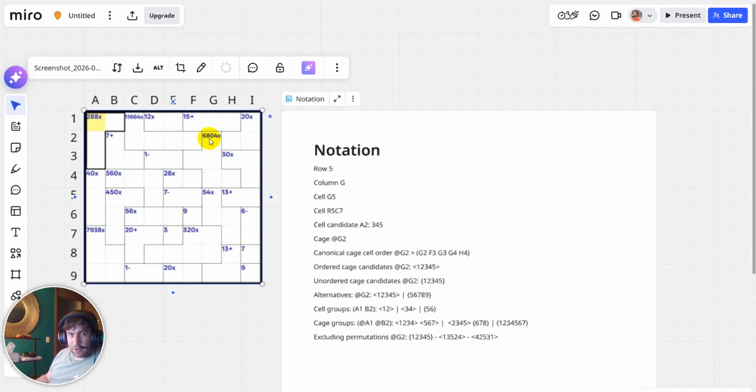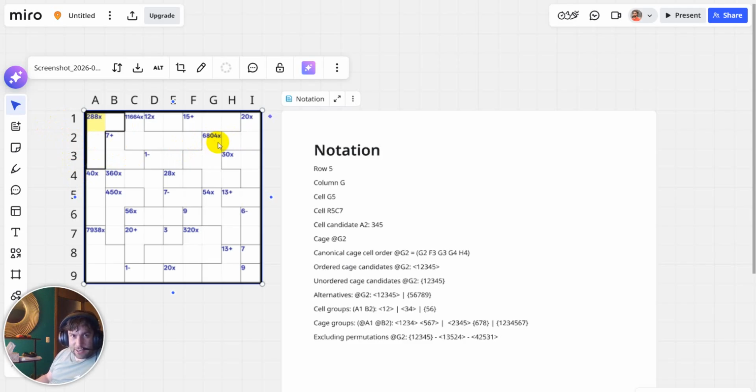It means that we start from the left top corner of the cage, so it would be the highest row, and then we go from up to down, meaning in our case from row 2 to row 4. And in each row we go from left to right.